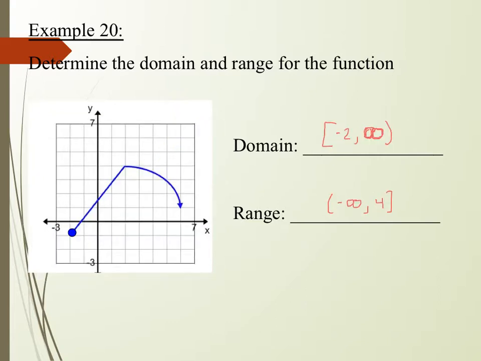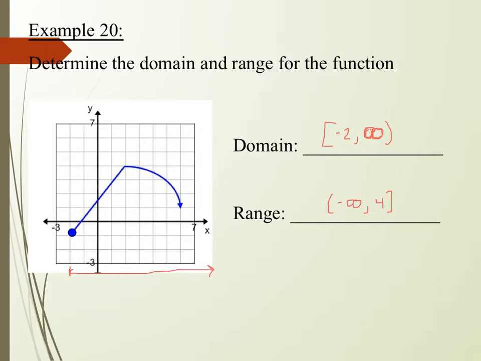Here's an interesting one, example 20. Determine the domain and range for the function. So when I look at this function, I see that the function kind of begins over here at negative 2 for x. So it starts here at negative 2 and it goes in the positive direction, it appears.